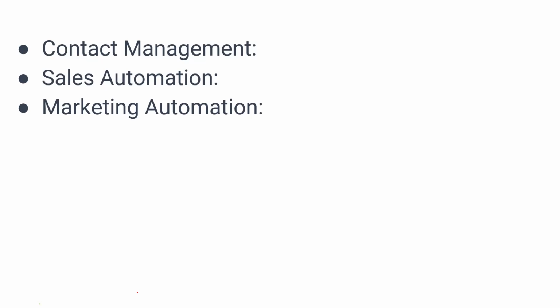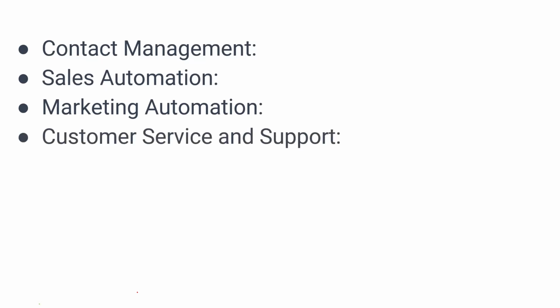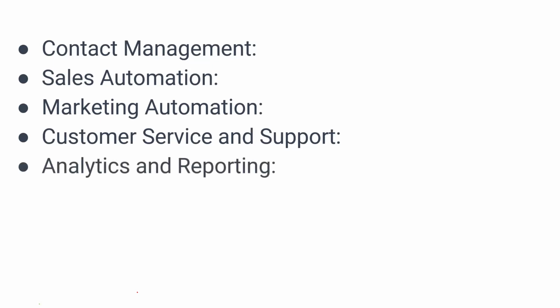So sales automation and marketing automation need to be there, and customer service and support also need to be there in that software. These four are main: contact management, sales automation, marketing automation, and customer service and support. Then there are additional things like analytics and reporting.